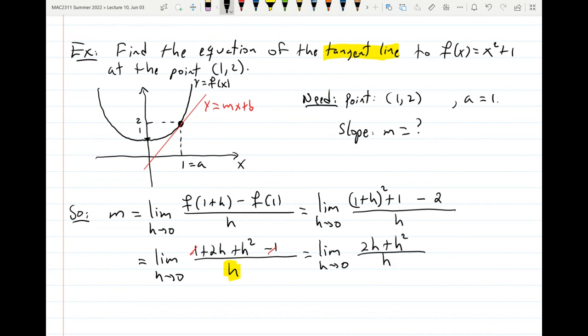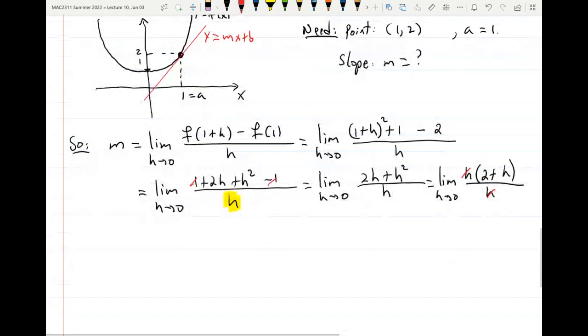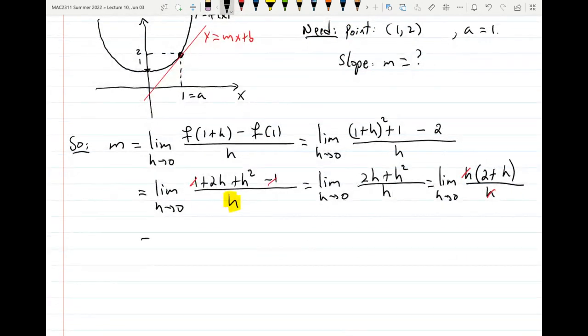Here we see what to do: all we have to do is factor an h out of the top. So this is the limit as h approaches 0 of h times 2 plus h, over h. Now the h's cancel out, and when we take the limit as h approaches 0, we get 2.